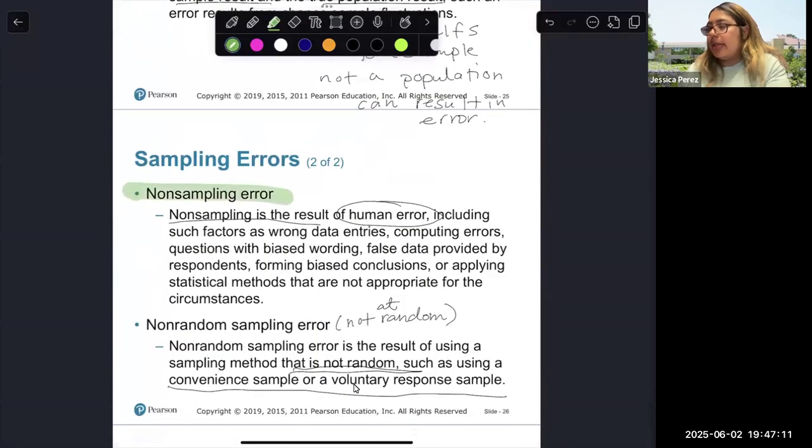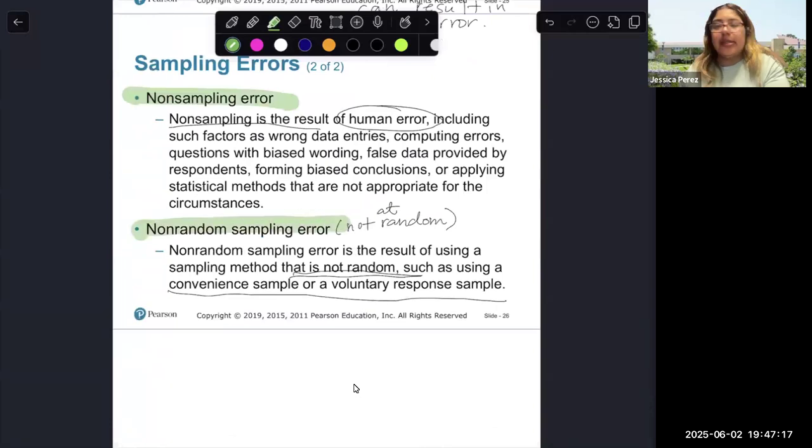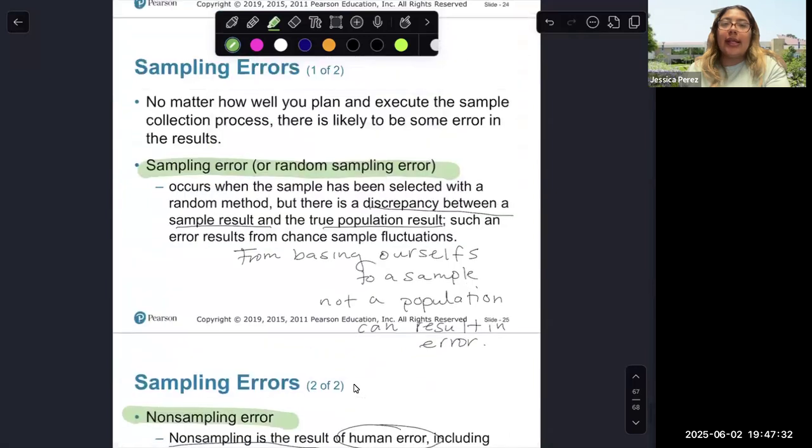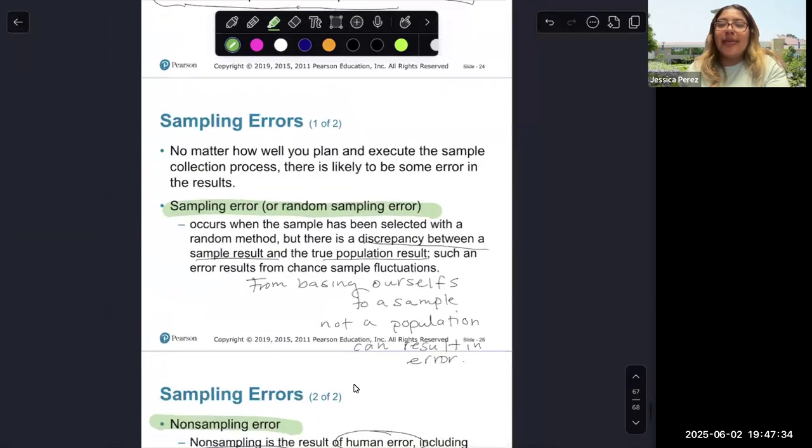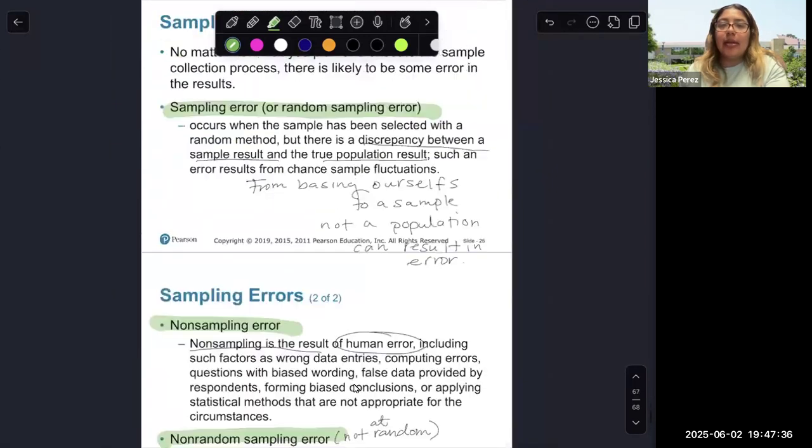There's the non-sampling error, where it's more of a human error or a bias, or there's a non-random sample, where you purposely selected a convenience sample or a voluntary sample that does influence your statistical study. So those are the three things that you have to look at when you're looking at sampling errors. And with that, we terminate chapter 1.